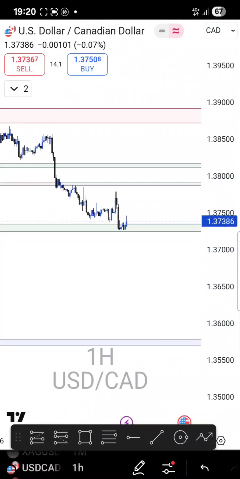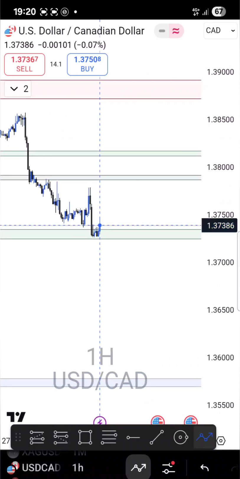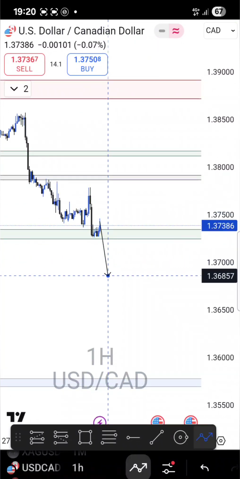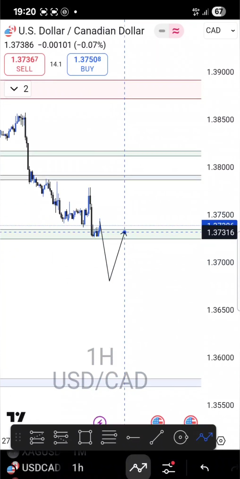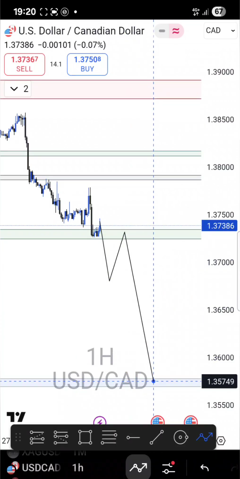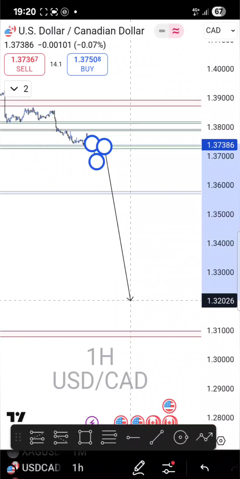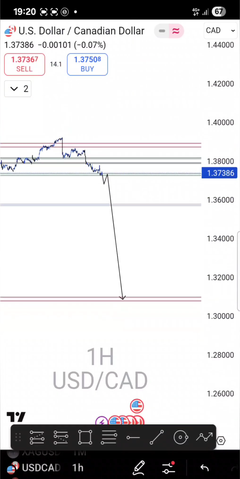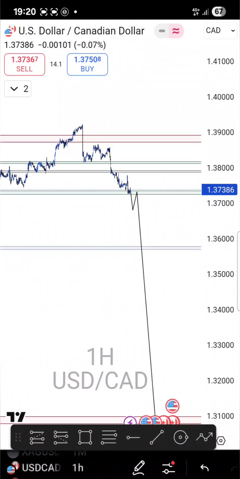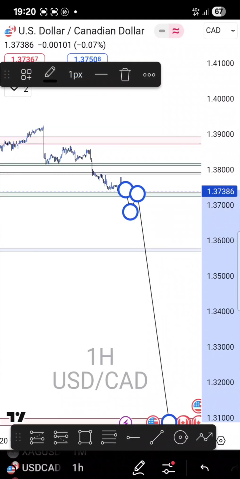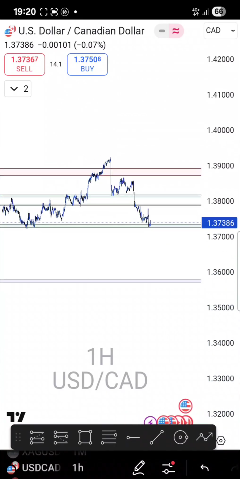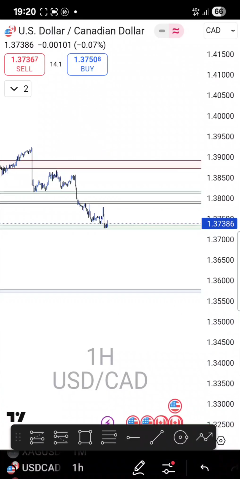Or another way in which I want to be selling is for price to break all the way down here and then come for that retest before we eventually continue to sell to the downside on the weekly and eventually start targeting the monthly. So this is my analysis for USD. I expect a sell for USD in a week, in 2 weeks. Let's just see how price eventually plays out.